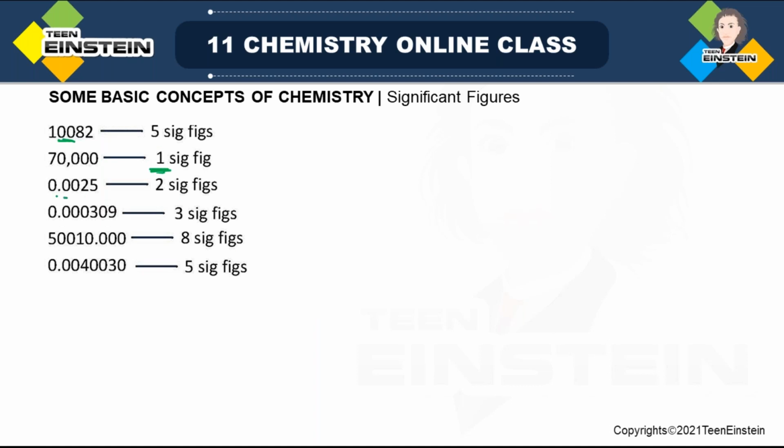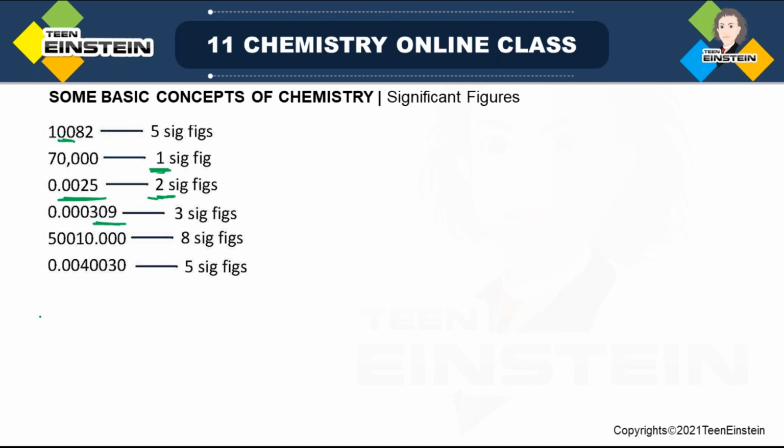When it is 0.0025, this type of example we have already seen. There is 0 after the decimal, but it is preceding 25, so these will not be considered. So here there are 2 significant figures, only for the numbers 2 and 5. Similar is the next one: this 309 has 3 significant figures, not the zeros.